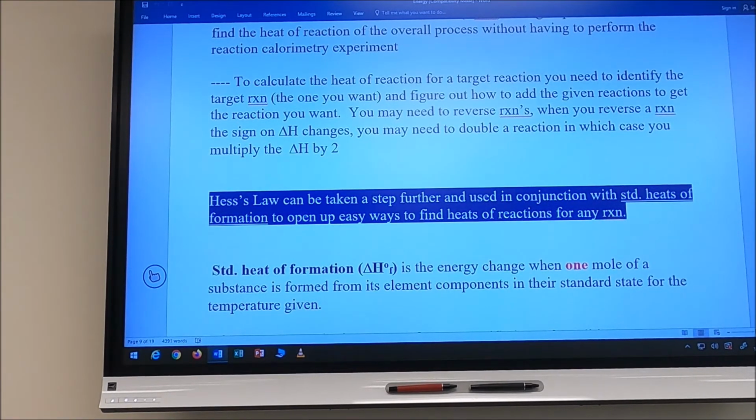Wait a minute, let me see if I've got an example problem here that I would like us to work with that Hess's law approach. Come on, no, I don't want lattice energies.